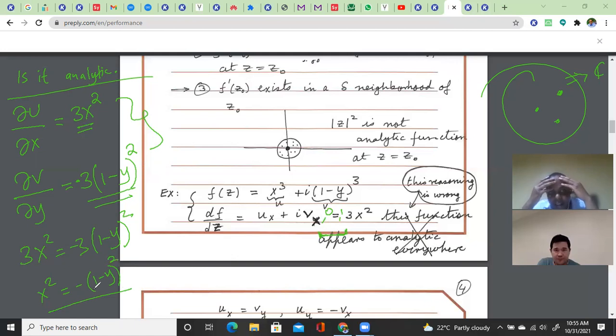We cannot find a solution. And we can say that it's not analytic.